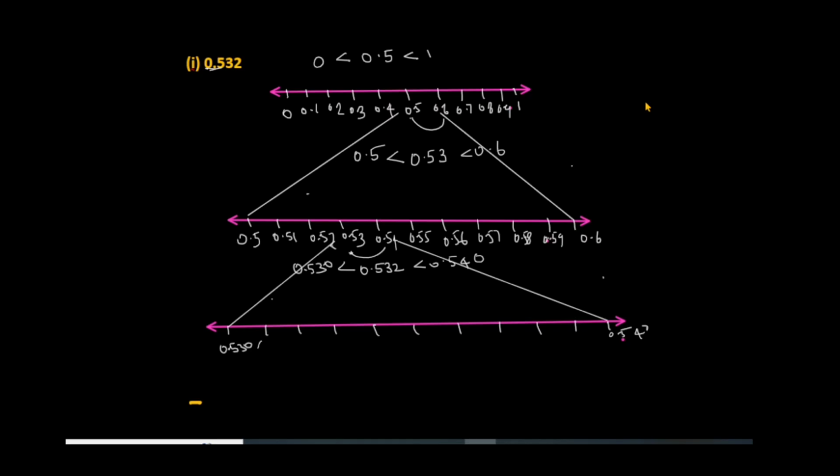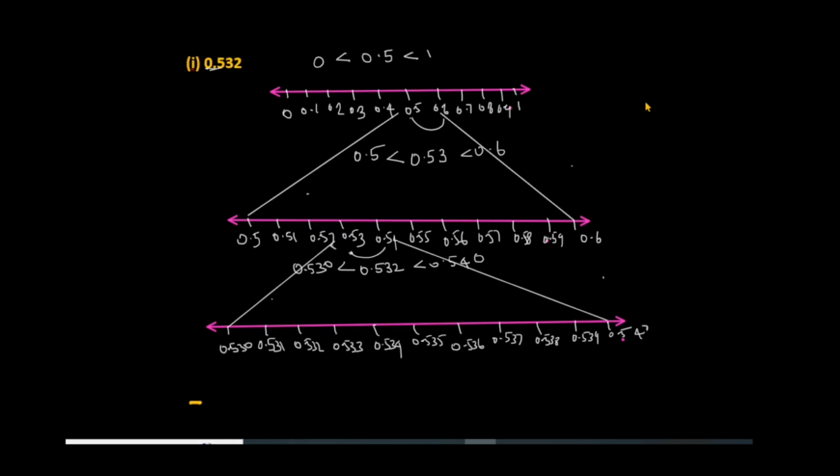So this one 0.531, 0.532, 0.533, 0.534, 0.535, 0.536, 0.537, 0.538, 0.539 and 0.540.